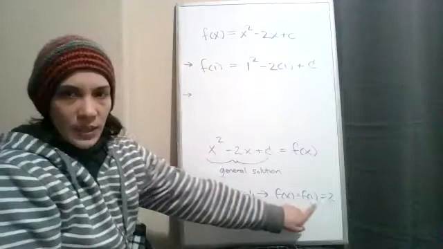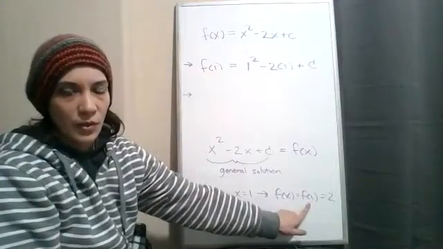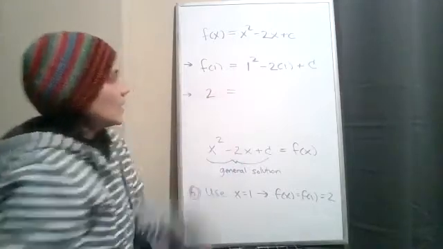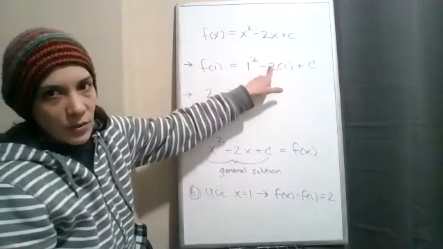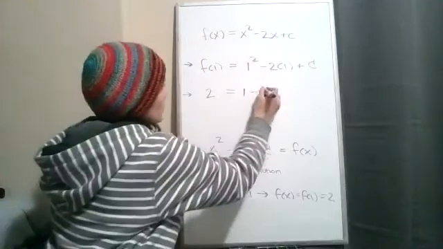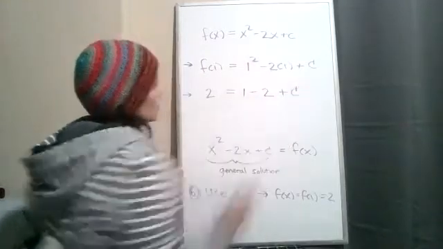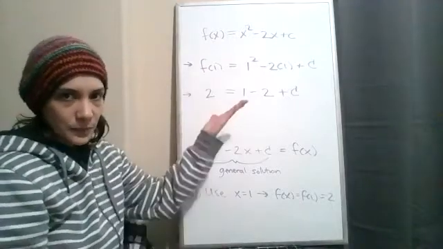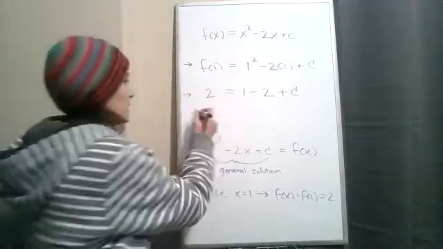You're told f of 1 equals 2, so just substitute 2 for f of 1. And then 1 squared will be 1, 2 times 1 is 2. And you're trying to solve for c. So 2 equals negative 1 plus c.